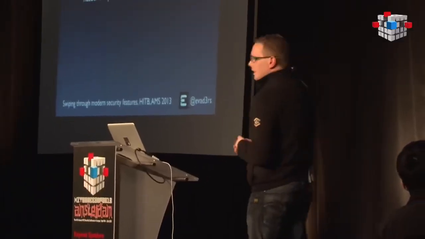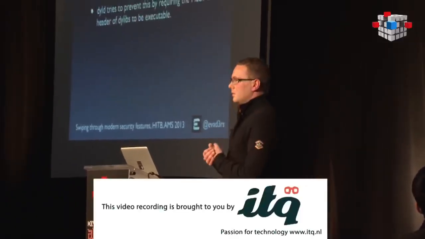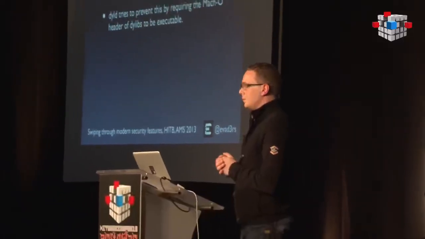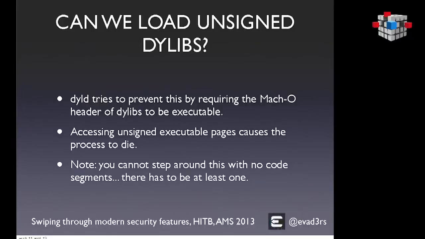So, can we load unsigned dylibs, by the way? There's some kind of protection against this, a weak protection, but some kind of protection. DYLD tries to prevent this by requiring the Mach-O header of dylibs to be executable. It doesn't require that the library is signed. It requires that the library is executable.